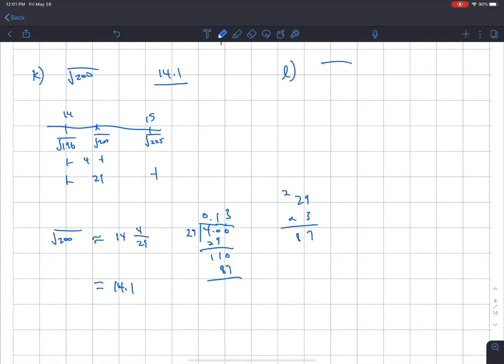L, square root of 300. So square root of 225 is 15. And the square root of 256 is 16. So those are too small. So I should use 289 for 17 and 324 for 18.